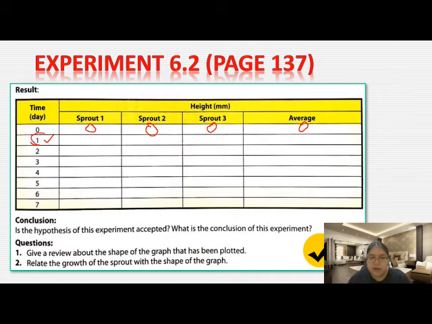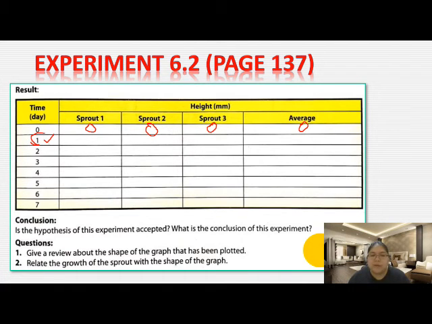Then you measure how many mm. On the second day, take it out from the dark box. Then measure the height again. Continue until day 7. The dark box is no longer used after 1 day. Day 2 until 7, just a normal place. Then you measure the height.